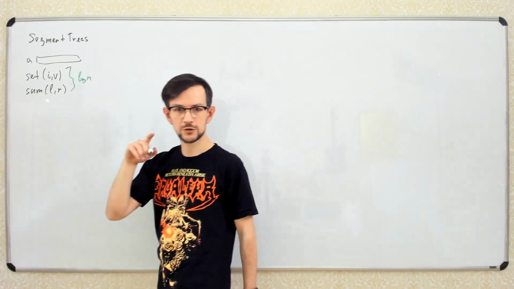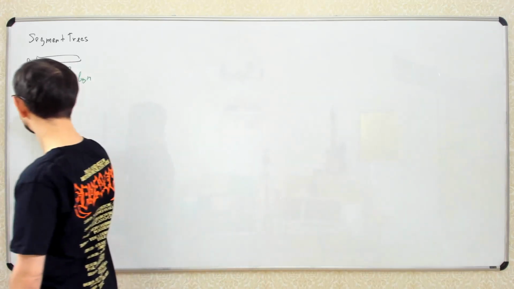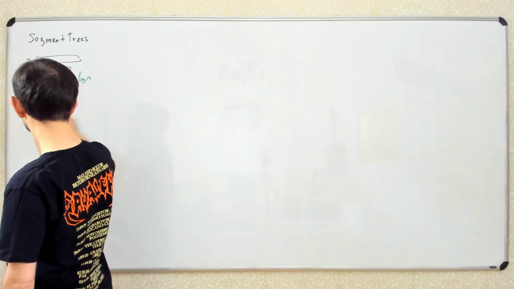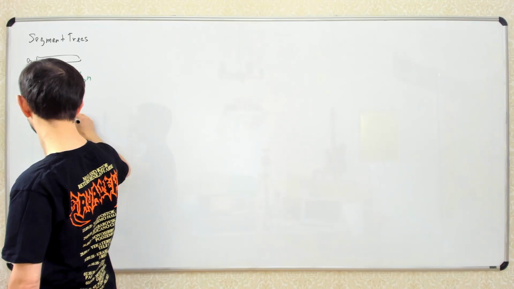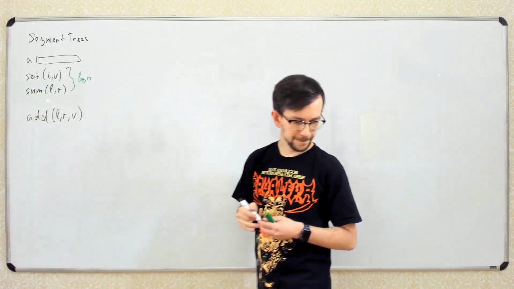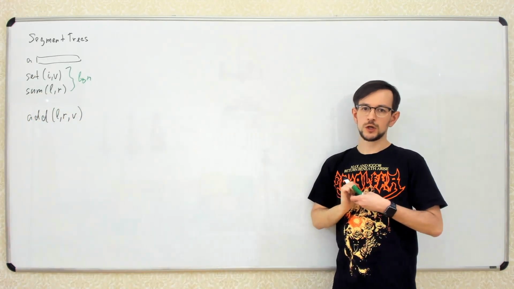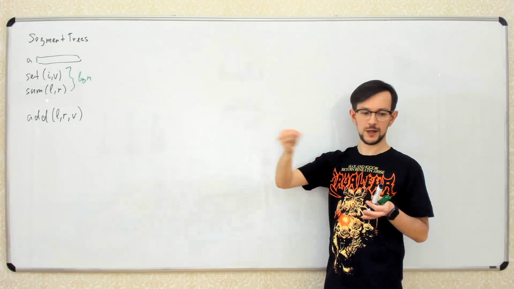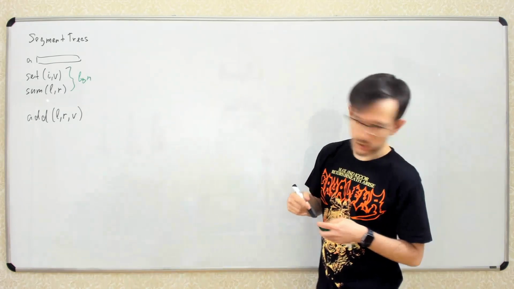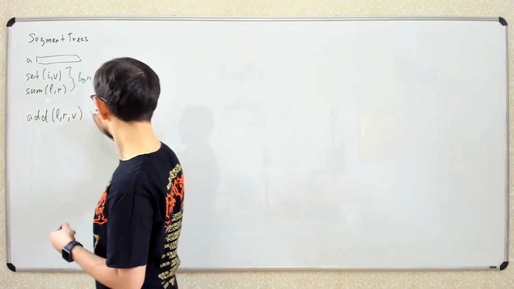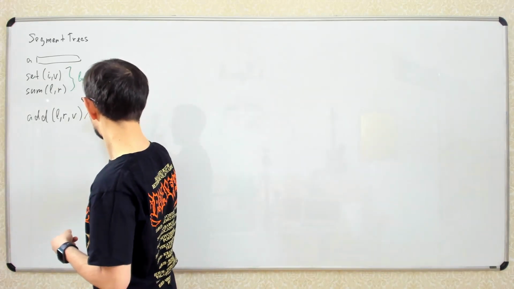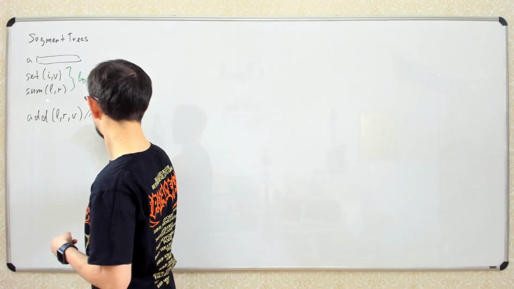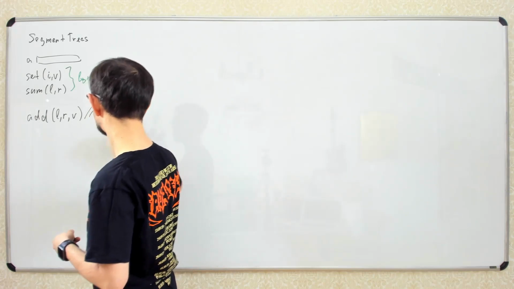Let's say we will add to some elements: we will add from L to R value v. So we will change the segment from L to R by adding the value v to all elements on this segment, so we'll make a_i plus equal v for all i from L to R minus 1.